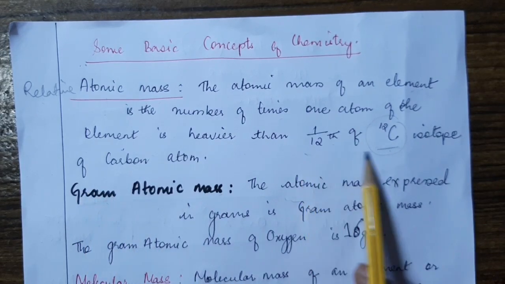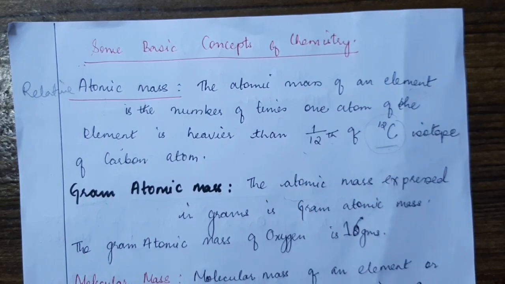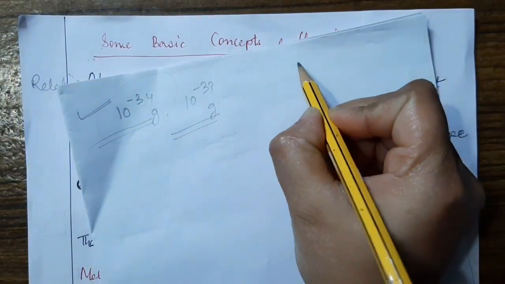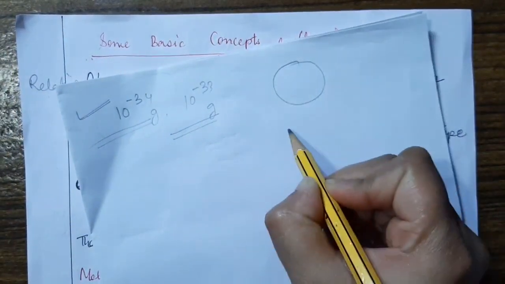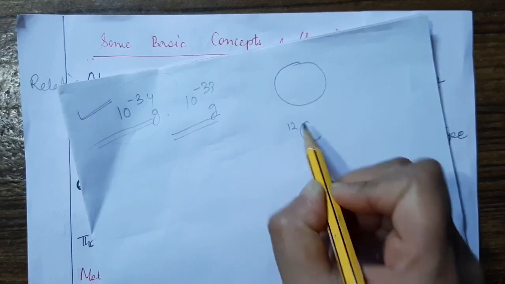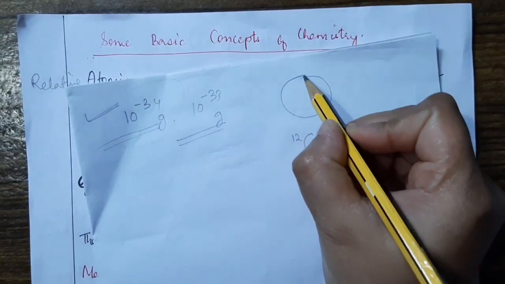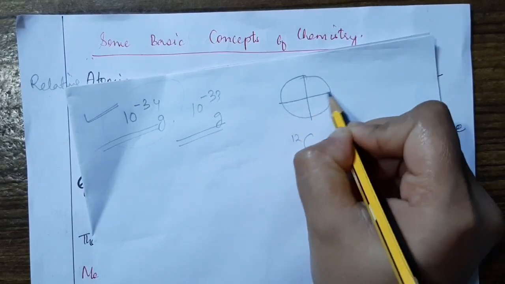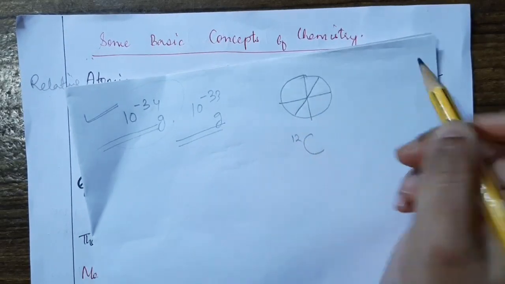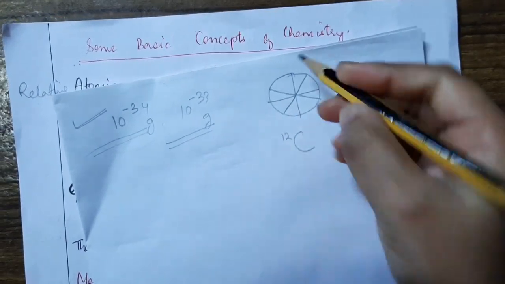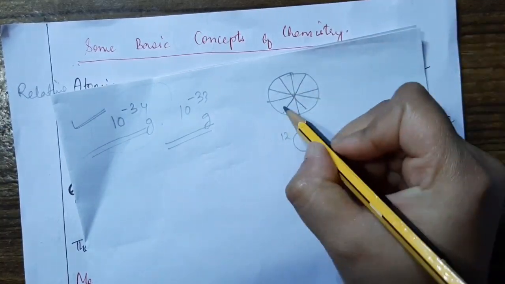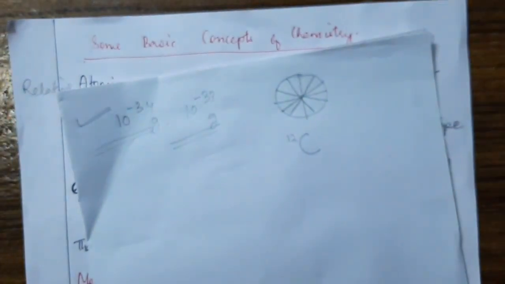Now let's see what this is. 1/12th portion of 12C. Suppose this is a carbon atom, isotope 12, one atom. Let's divide it into 12 parts: 1, 2, 3, 4, 5, 6, 7, 8, 9, 10, 11, 12. We divided it into 12 parts.